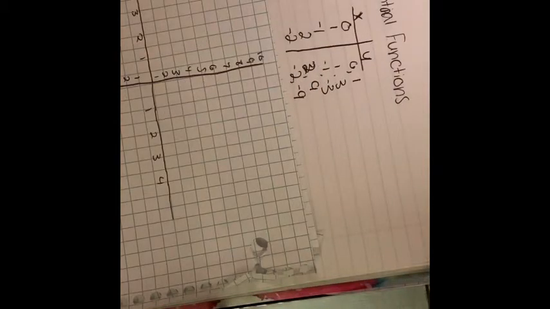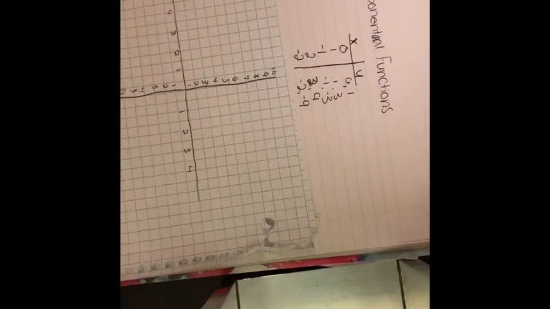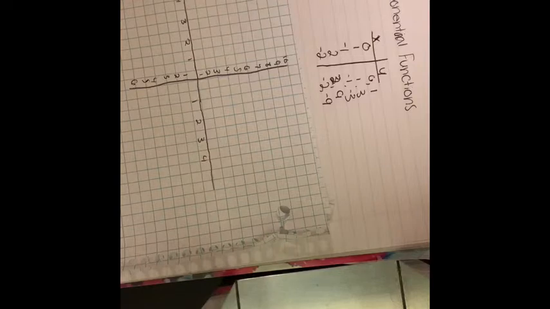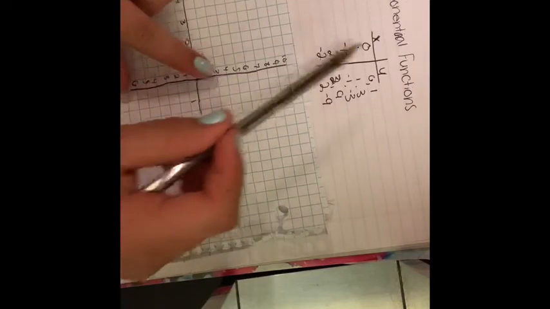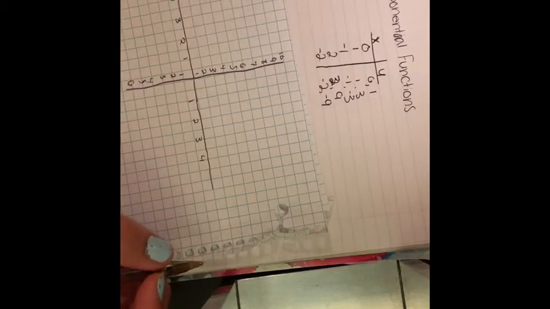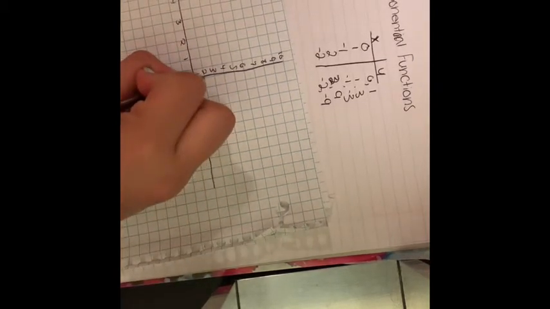Now that we have our chart, we are going to graph this. The x is on 0, so we go (0, 1), which would be right here.